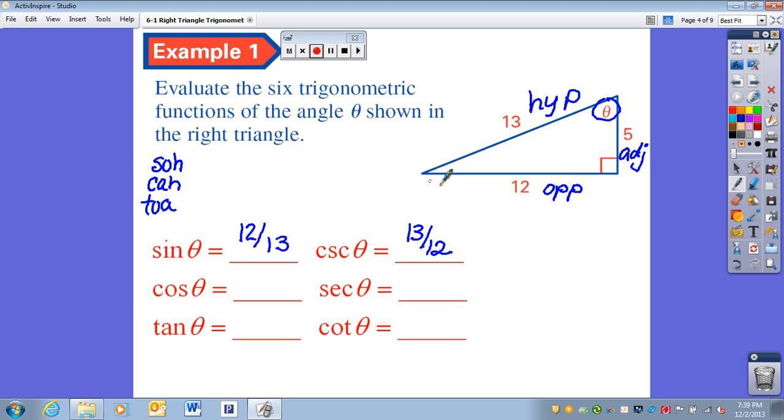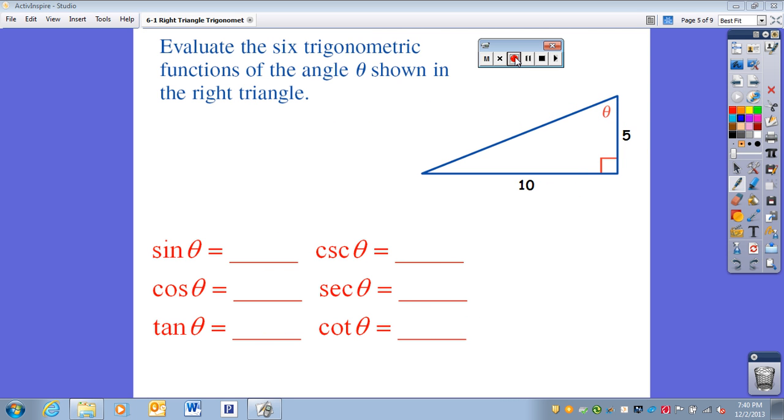Then the cosine is the adjacent over the hypotenuse, which would be 5 to 13, and the secant is simply the inverse of that, so that would be 13 compared to 5. The tangent of theta is the opposite over the adjacent, so that is going to be 12 over 5, and the cotangent is the inverse of that, and that would be 5 over 12.